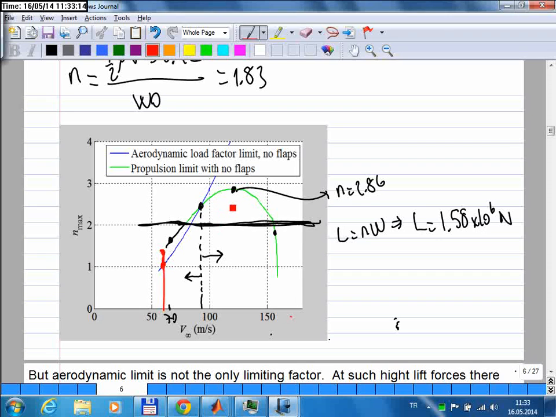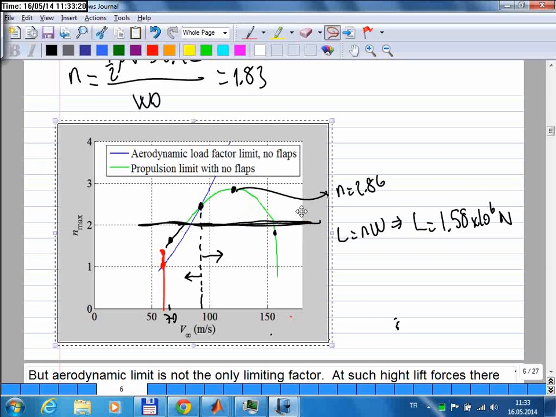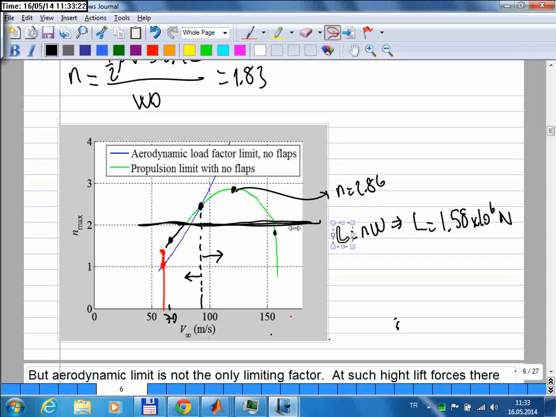But if you are flying here, so let's not worry about this yet. So if you are flying to the right of this level, then the maximum load factor is this much. And if I ask you what happens if the pilot tries to reach a higher load factor, the answer will be it will not stall, because aerodynamically there's still some CL value it can gain. But this time the aircraft will start decelerating, right?